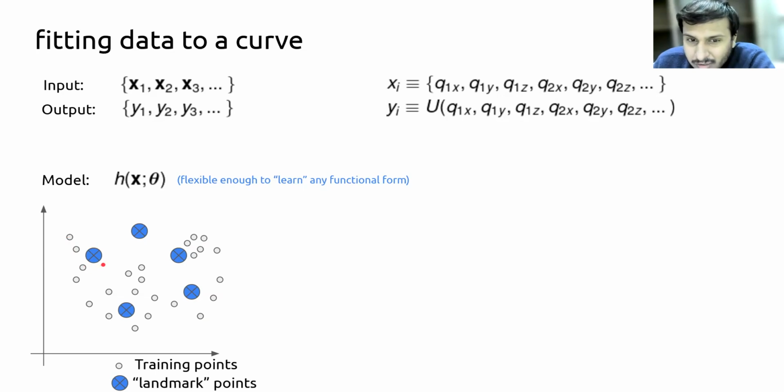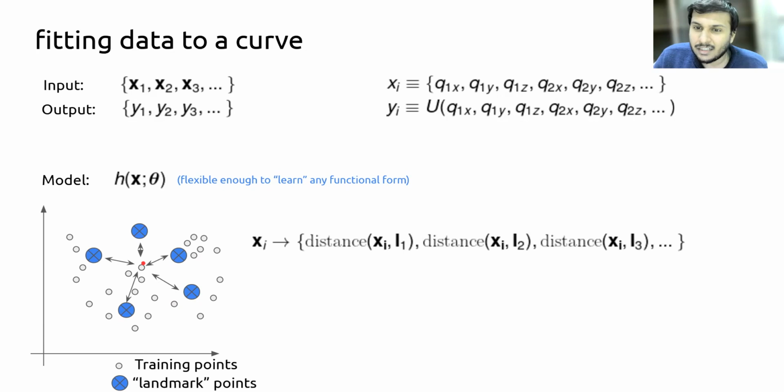What you can do here is come up with an abstract descriptor of this data by selecting some random points in your space. These are called your landmark points, okay? And what you can ask is, for a given data point, how different is it from these landmark points? In mathematics, this can be thought of as a distance in some abstract space, right?